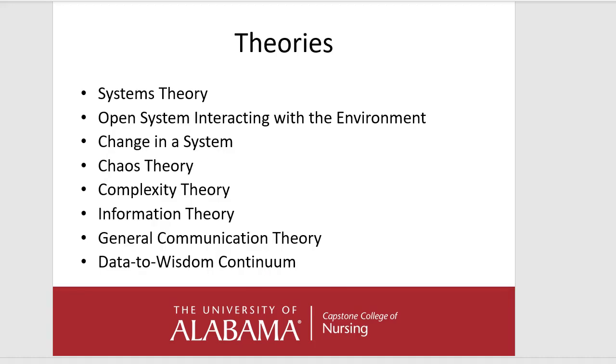You'll also learn more about different theories that support nursing informatics and nursing informatics research. For example, systems theory, open system interacting with the environment theory, change in a system, chaos theory, complexity theory, information theory, general communication theory, and the data to wisdom continuum, which there's been a lot of discussion about in informatics.